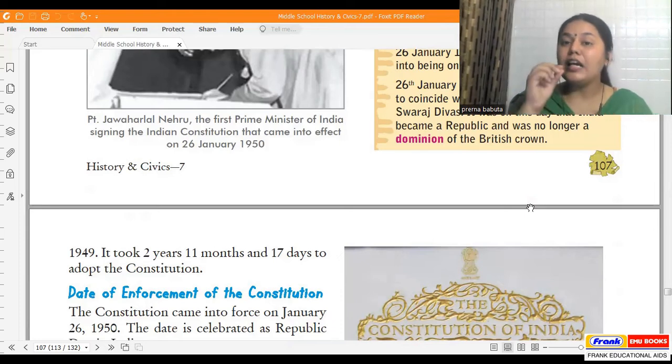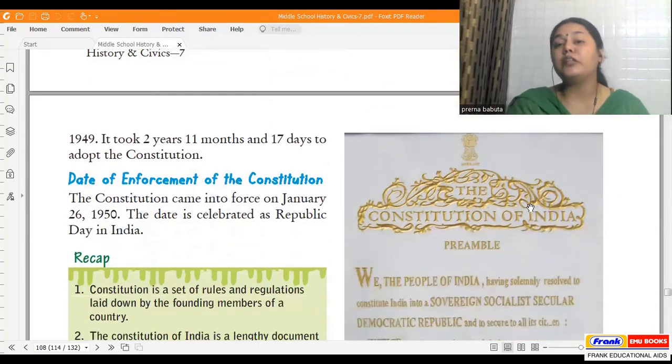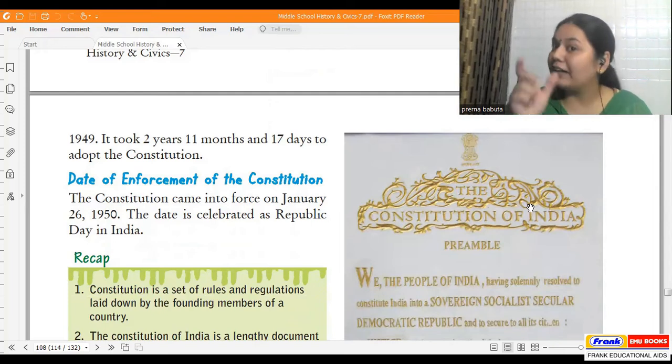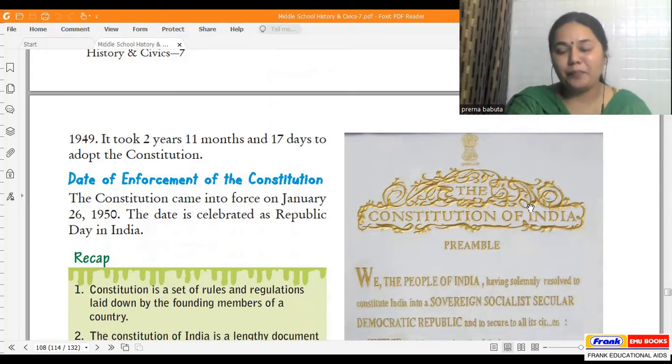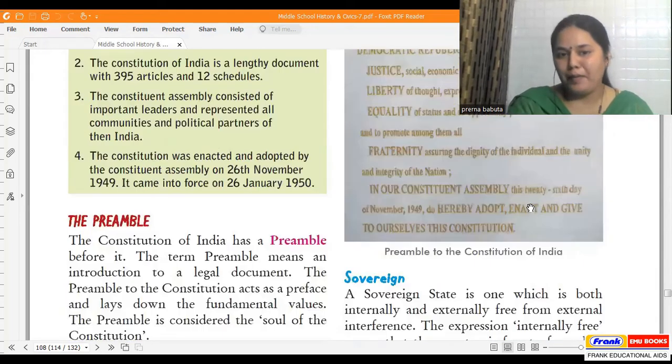So 29th August 1947, drafting committee, and 26th November 1949, the constitution was adopted. Now, after it was adopted, it had to be enforced, as in it had to be brought into practice. When did that happen? That happened on 26th January 1950, and this date, 26th January, is also celebrated as Republic Day. Okay, so these 3 important dates you need to remember.